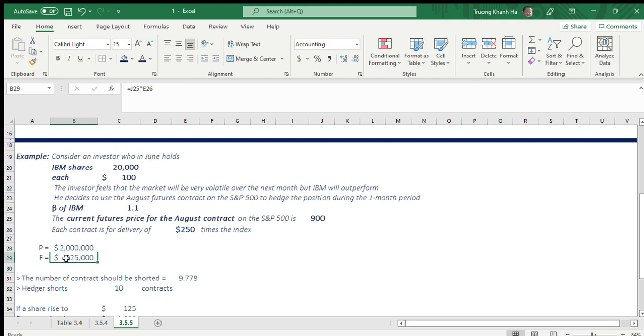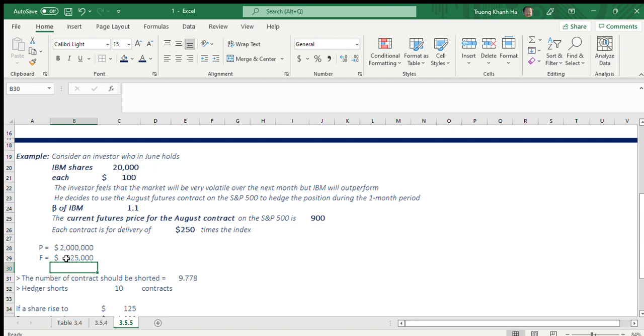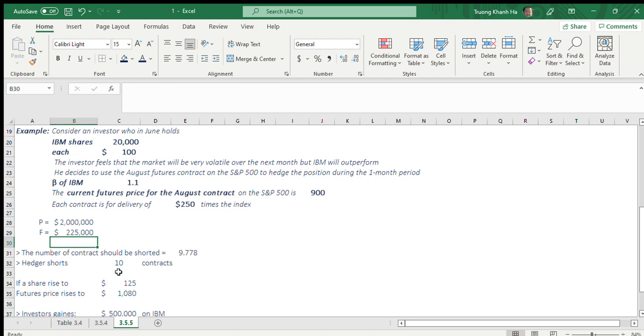Secondly, we calculate F. F is the current value of one index futures contract. We multiply the current futures price for the August contract by the amount times index, which is $250. Okay, so we have F equals $225,000.